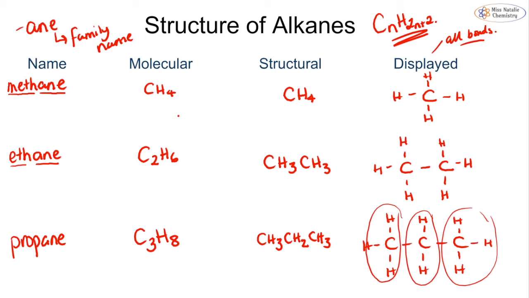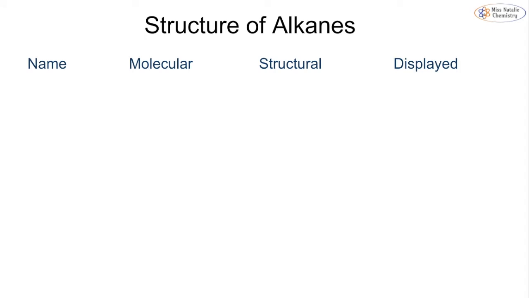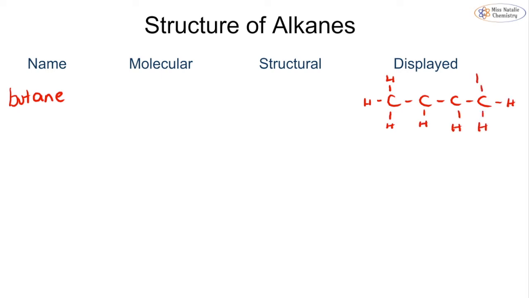You're required to know the first 5, so we have 2 more. The next one is butane, and but meaning 4 carbons in a row. And again, we surround them all with hydrogens. There are no double bonds here, so every single carbon is going to have hydrogens attached with 4 bonds.